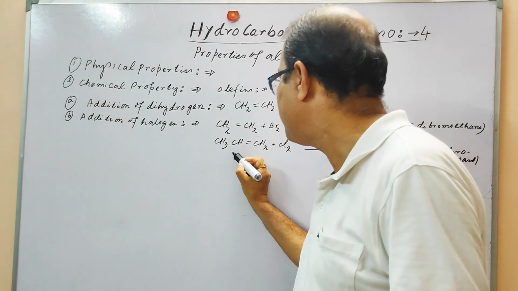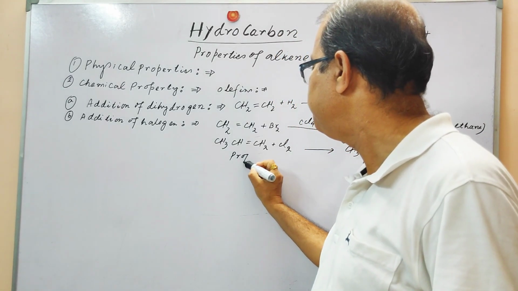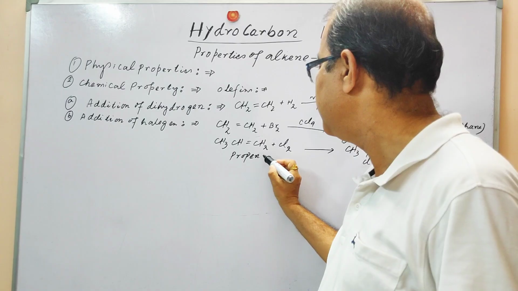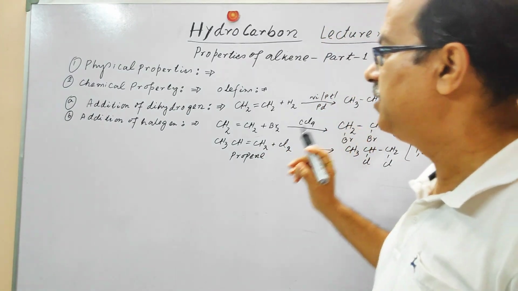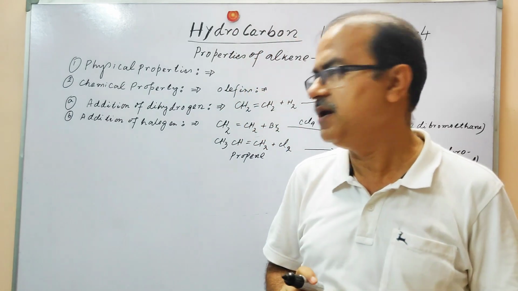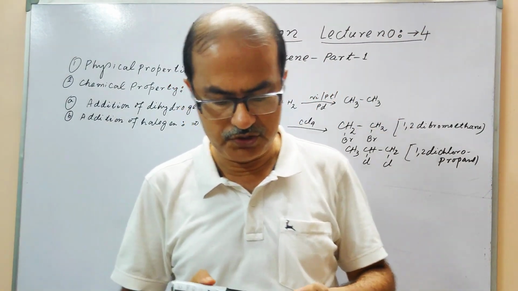We are taking propene here. This is an alkane and this is ethene. So we understand this addition of the halogens.